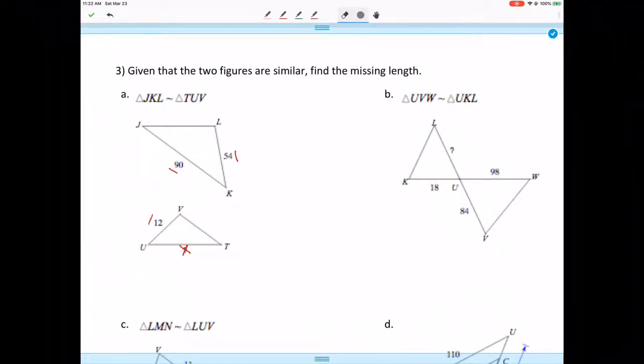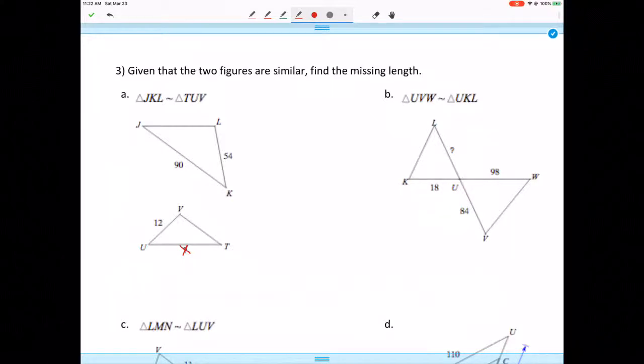It says question mark, but I'm just going to use x, as it looks better to me. Some of you have done this before, and there are different ways you can do this. Sorry, I just need a drink. If you're familiar with doing this a different way, that's just fine, you can do that.